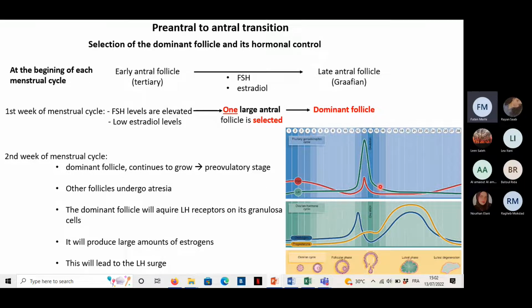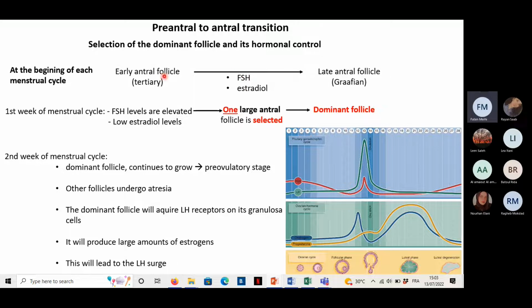After the ovulation, we don't have any follicular development because the follicle reaches its maximal development before the ovulation. Then we will have the ovulation. After the ovulation, we will talk about the luteal phase. So all of those steps of follicular development occur in the first 14 days of the menstrual cycle before the ovulation.